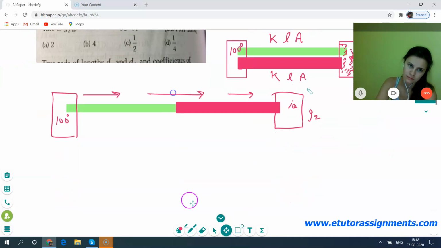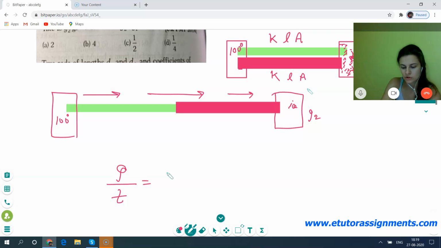What does our formula say? Q by T. In the first case, what will be there? Please tell me. So G1 basically is equal to, no? So G1 is equal to ml divided by T? No, no, no. G1 is the mass of the ice that is melted.